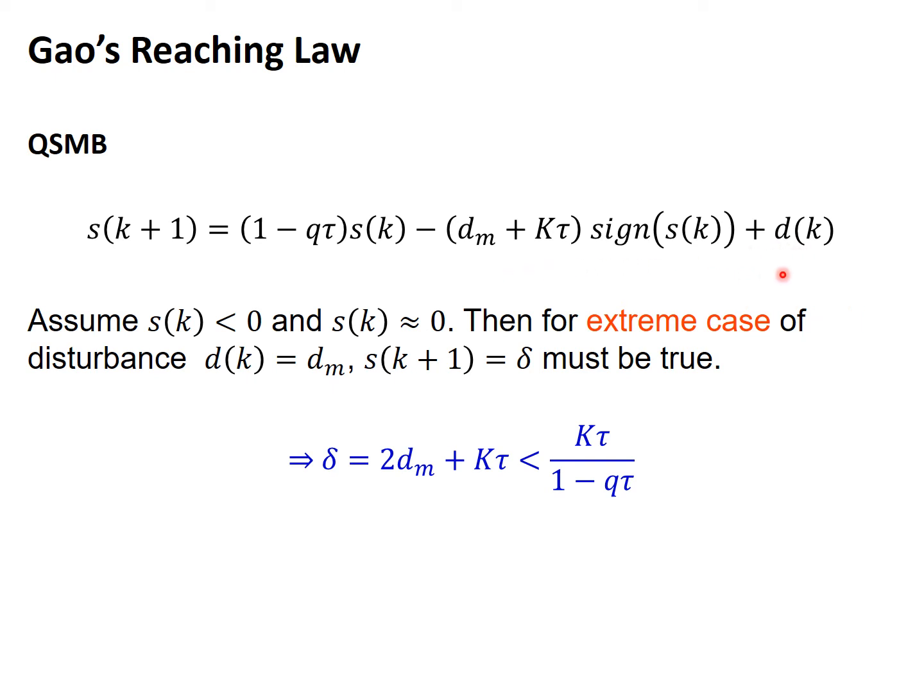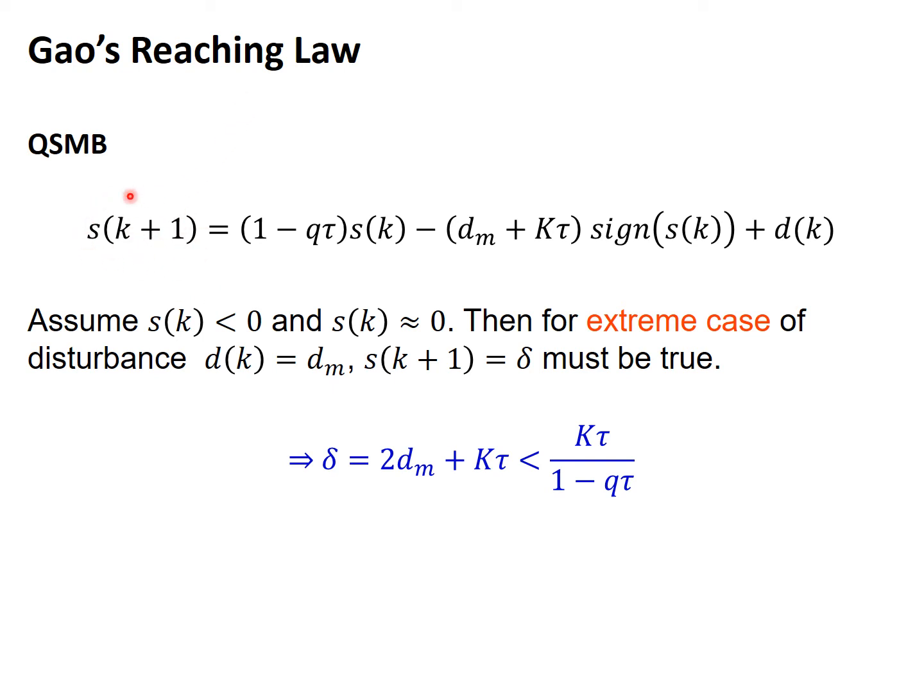Since sk is negative, you simply see what delta is coming out. So this delta will come out to be 2 dm plus k tau, because this is 0 here, this is plus dm. That is the extreme value on the right hand side, which is delta.